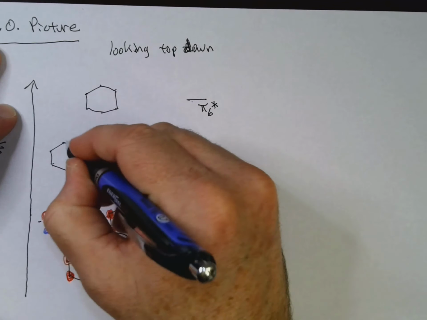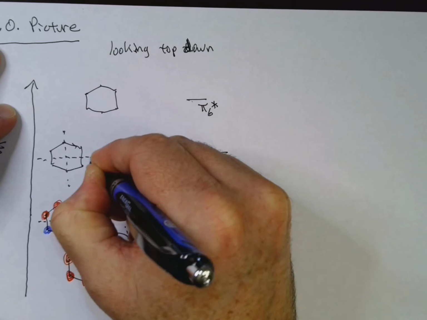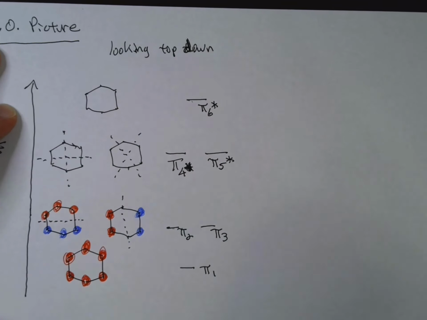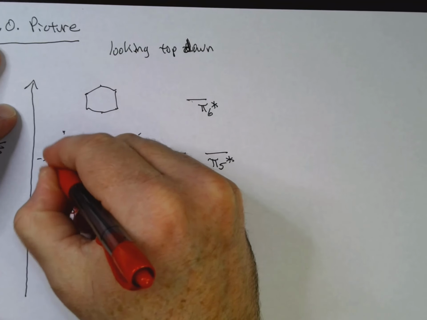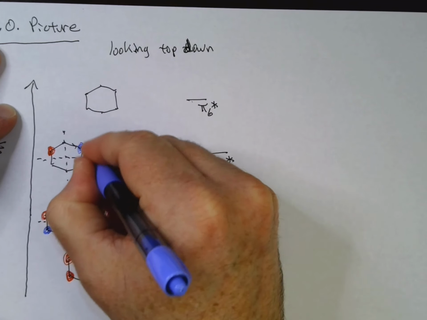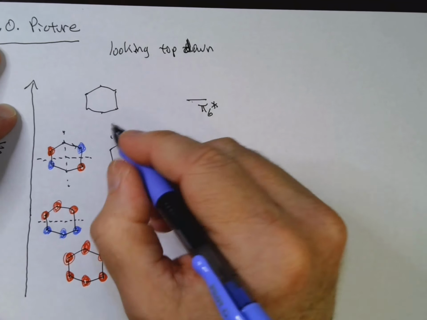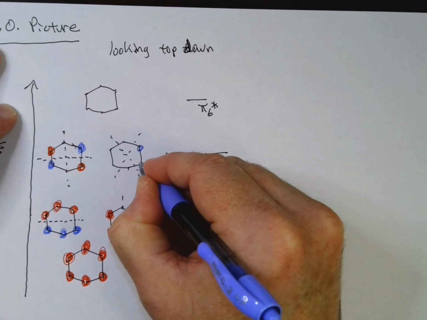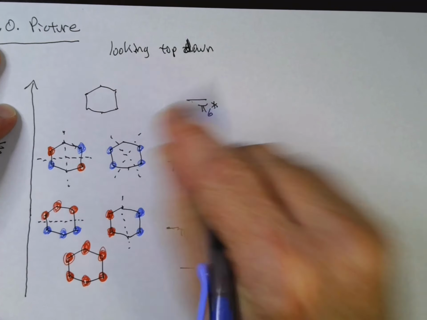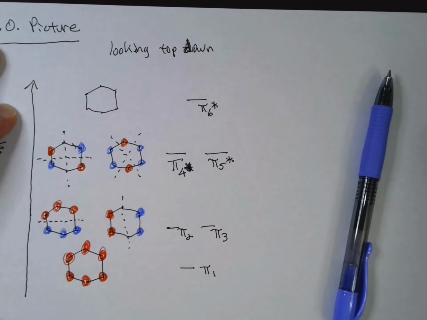So let's go ahead and put a couple of nodes here. We could have one there and one there, or we could have one there and one there. So this would give us red there, blue there, blue there. And here we'd have a blue there, and a blue there, blue there, blue there, and then red and red.